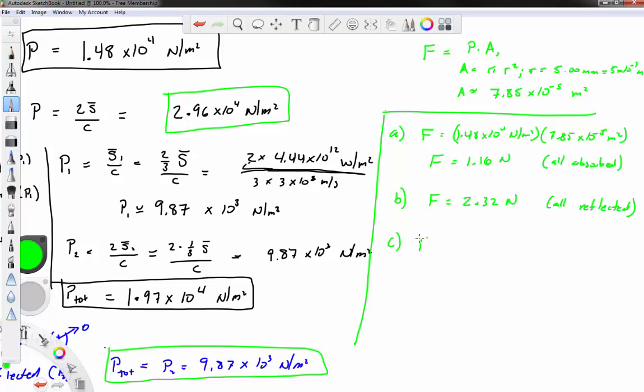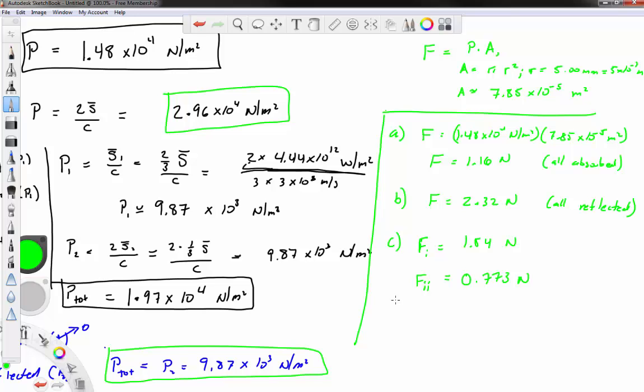So force for case 1 is going to be 1.54 newtons, and for case 2 it's going to be given by only half of that. So half of that would be 0.773 newtons. So that's how much force this laser is exerting on the object in each of these three cases.